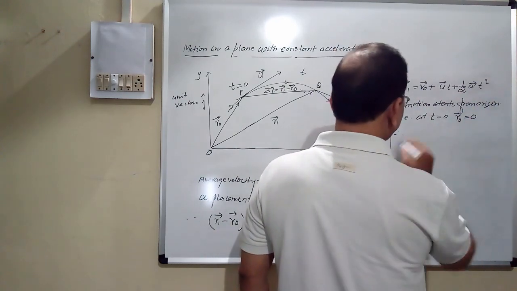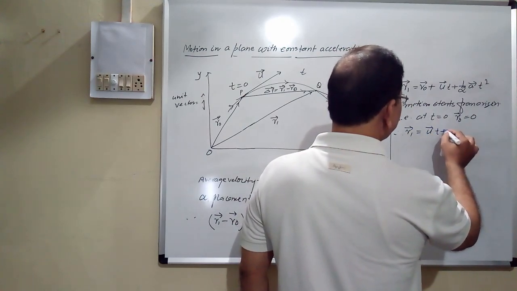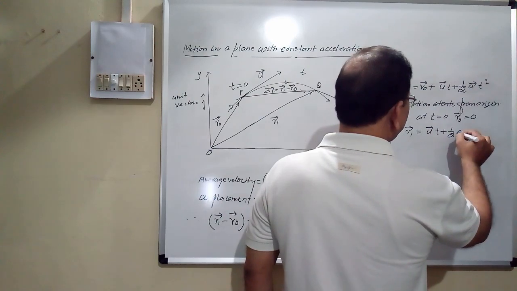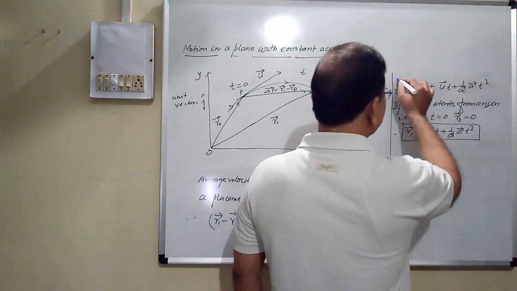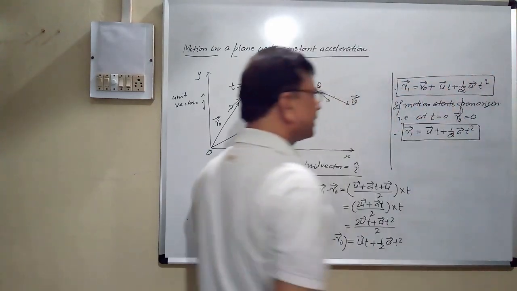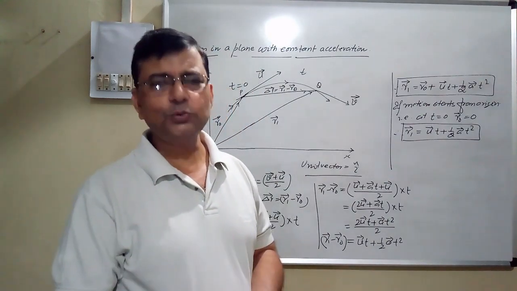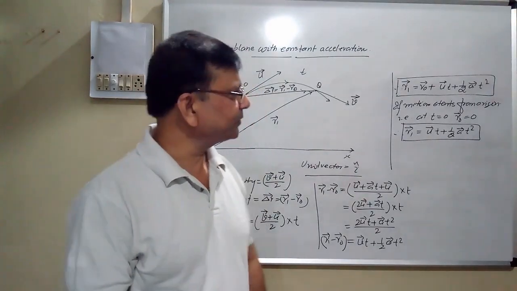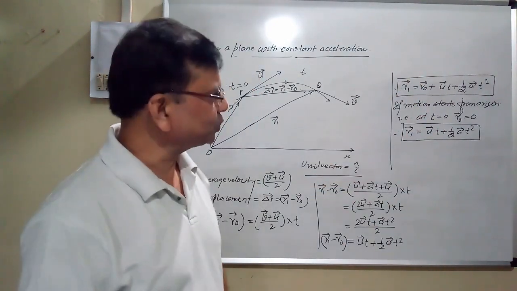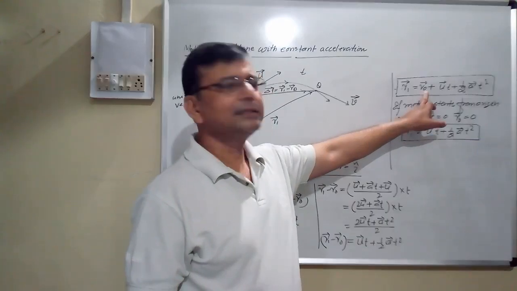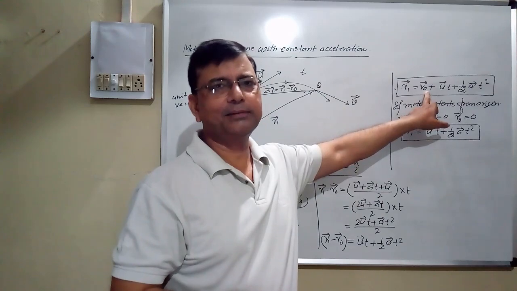Therefore, this equation 1 can be written as r1 is equal to ut plus half at square. This is one relation. So these two are very important relations that will be applied at various situations when we solve the numerical problems. So these two situations should be clearly understood. When r0 is the position vector of the object, when it starts from origin, it becomes 0.